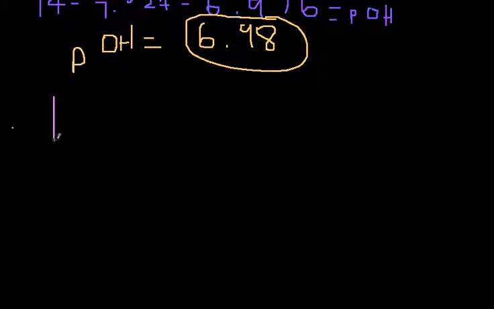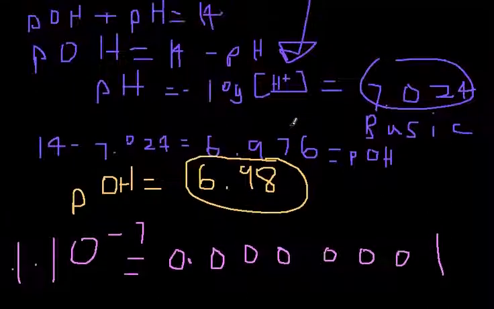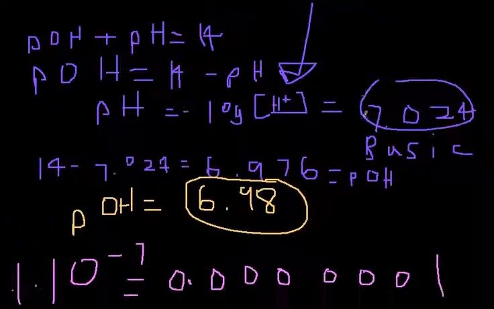If you write this out, you're going to get 0.000000 with six zeros and then a 1. And in the problem, it gives you 9.47 times 10 to the negative 8.